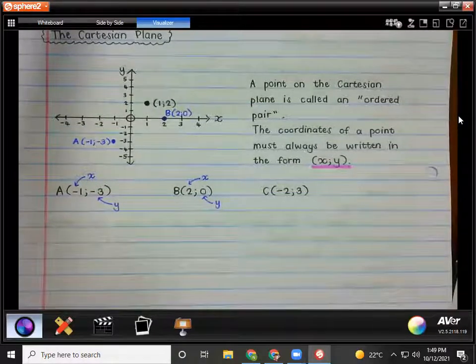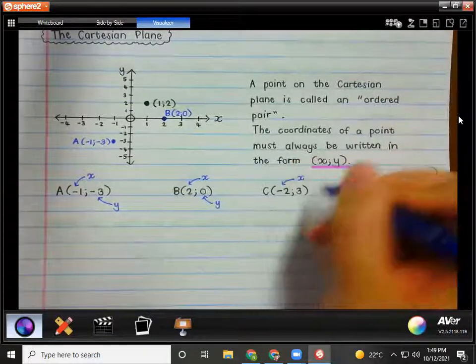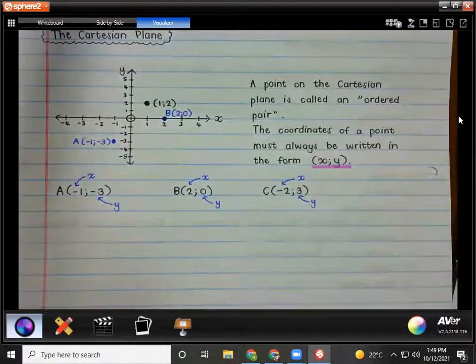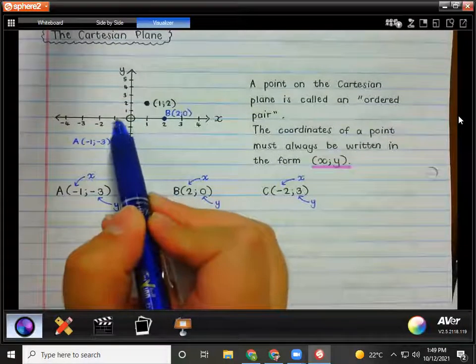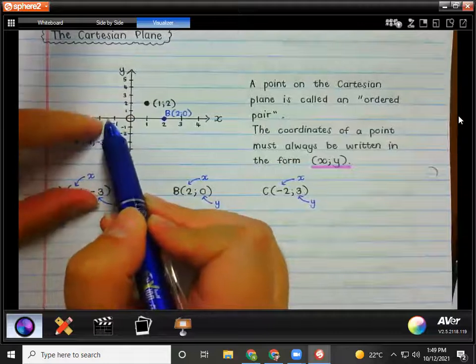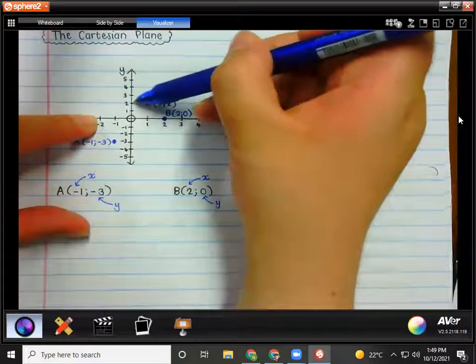Again, it's in a specific order always. So the X value of this point is -2 and the Y value is 3. So let's go to -2 on the X-axis. 0 is here, there's -1, there's -2. But now this point also has to be in line with 3 on the Y-axis. So 1, 2, 3.